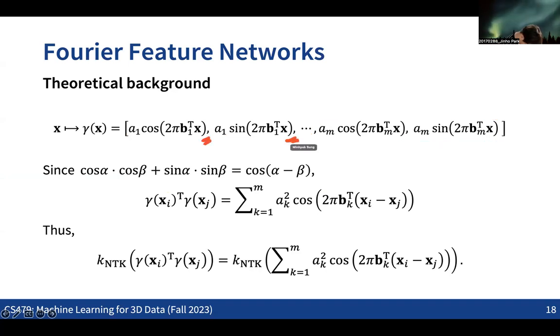Depending on the length of this vector, how many high frequency cosine and sine functions we use, we will see the results of overfitting and underfitting. Make sense? We're going to see these results in the NeRF case too. Any other questions?